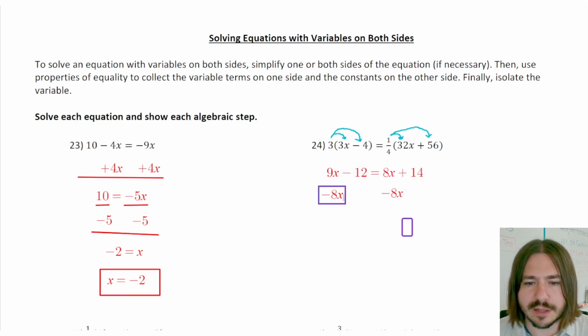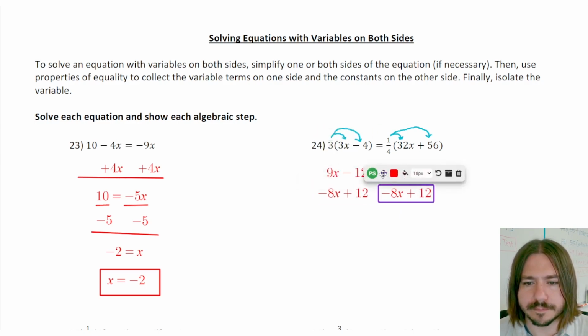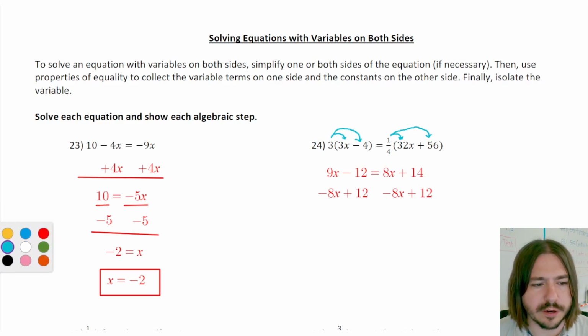And then at the same time, I'm going to add 12 to both sides so that I can collect my constants on the right-hand side. So I'm going to do basically two steps in one here.